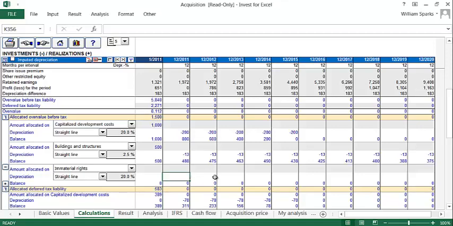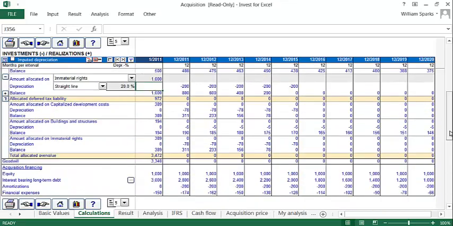It's the brand value or customer base value. We value it at 1 million. So we enter 1 million. And then let's say we depreciate it in 5 years also, that it pays back in 5 years too.